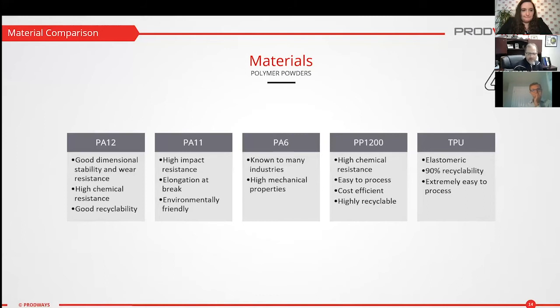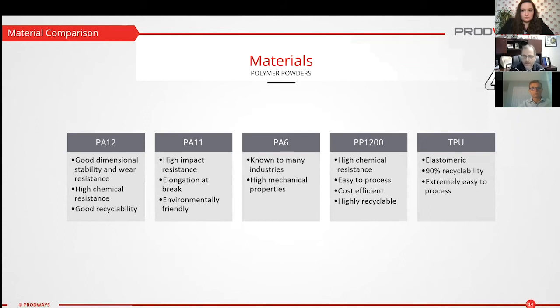PA6, this is another nice development by BASF. This actually comes in a few different types. You can get the standard, the mineral-based material, as well as the flame retardant or fire retardant material. The PP1200 is the exciting one. It's polypropylene. It's the same PP-based material that comes out of an injection molder. We've been running it for about 14 months now.